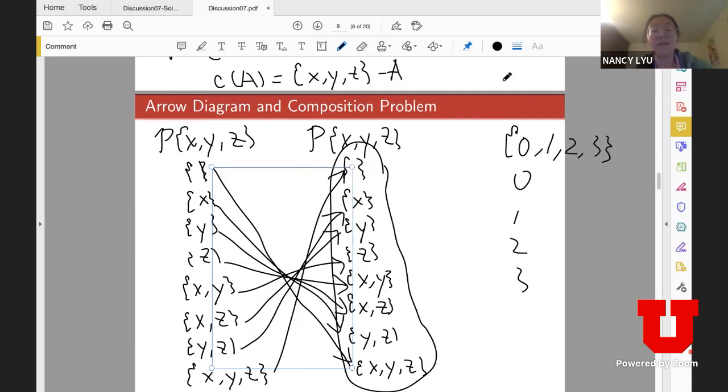N is the number of elements in the set. It's 0.